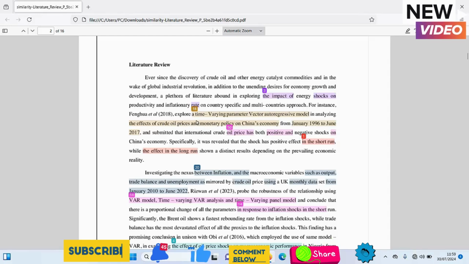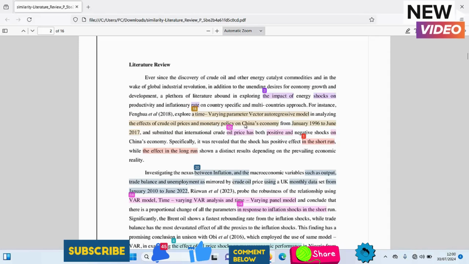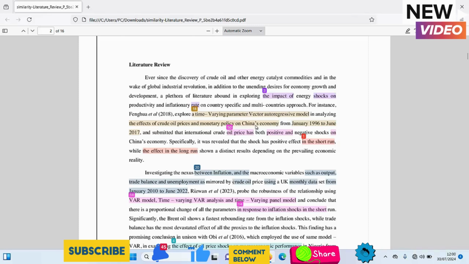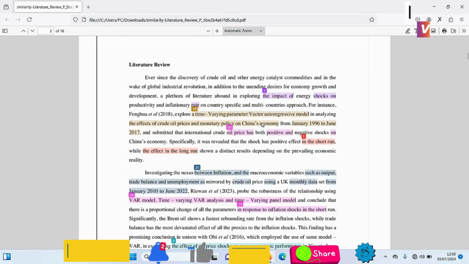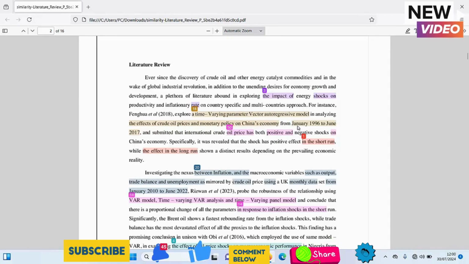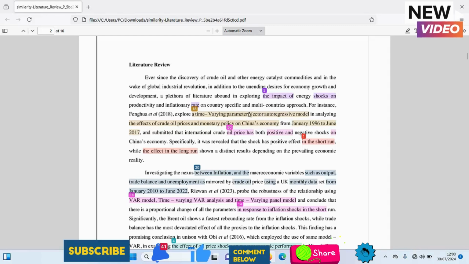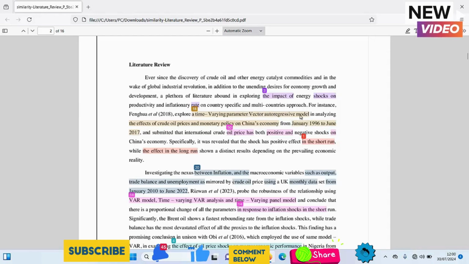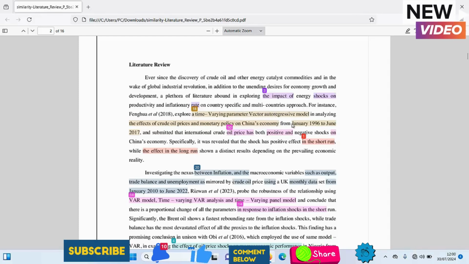Also, they looked at, or they examined the impacts of monetary policy on, instead of China economy, you can just say the gross domestic product of China. Then between January 1996, or from January 1996 to June, these particular dates, once you paraphrase this, this will certainly not be highlighted again.